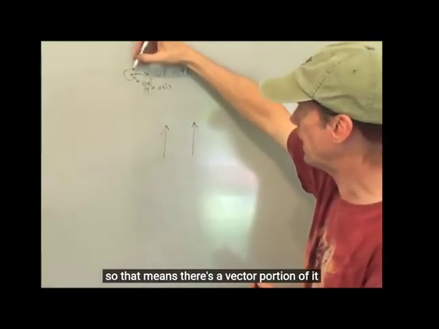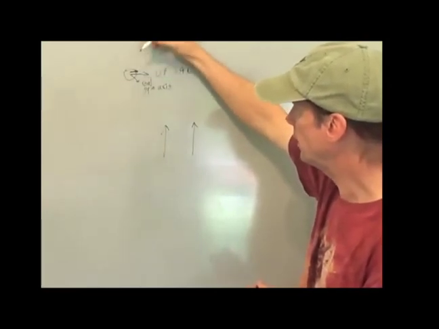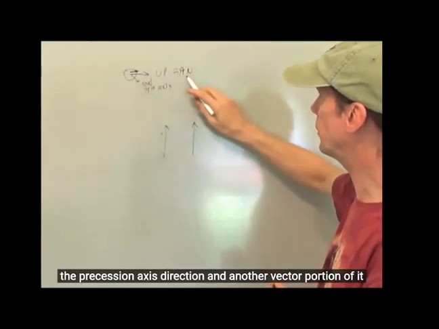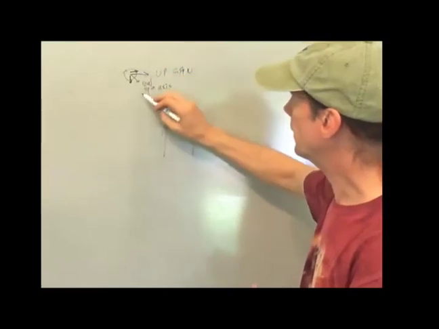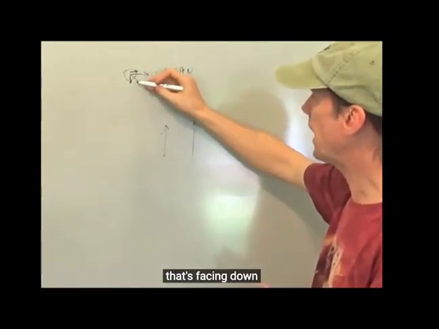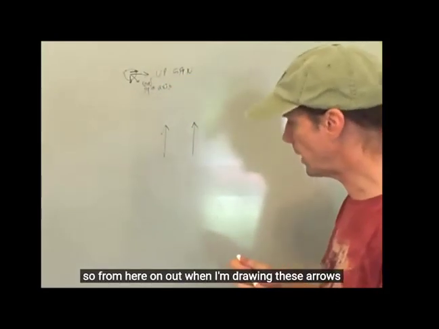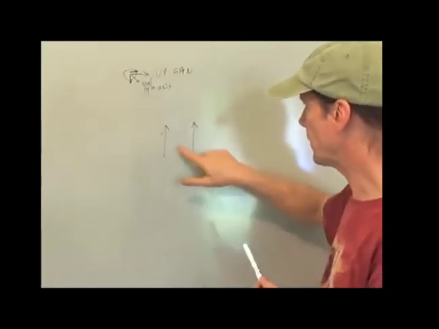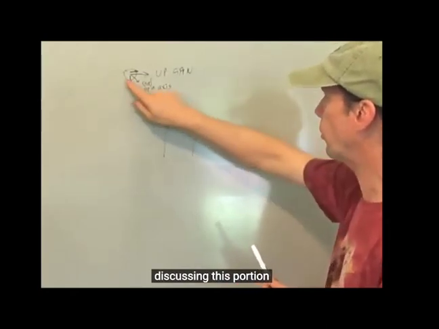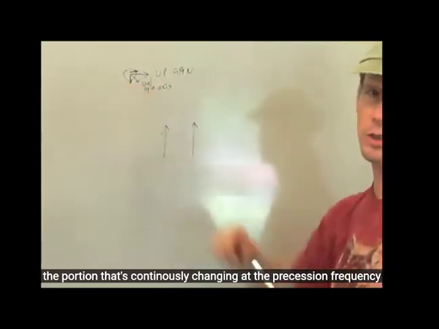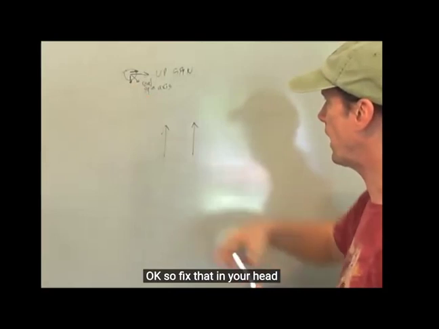So that means there's a vector portion of it that's facing the precession axis direction, and another vector portion of it that's facing down and that continuously precesses around. So from here on out, when I'm drawing these arrows, I'm describing and discussing this portion, the portion that's continuously changing at the precession frequency. Okay, so fix that in your head.